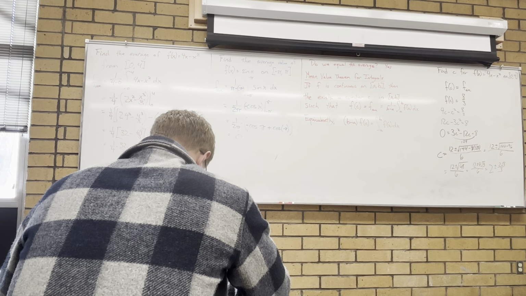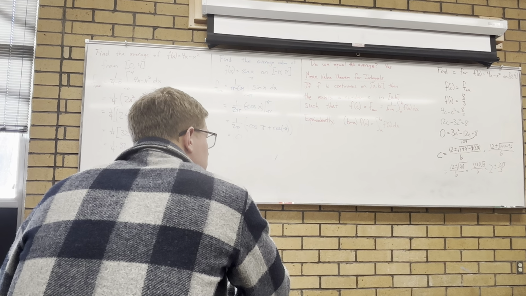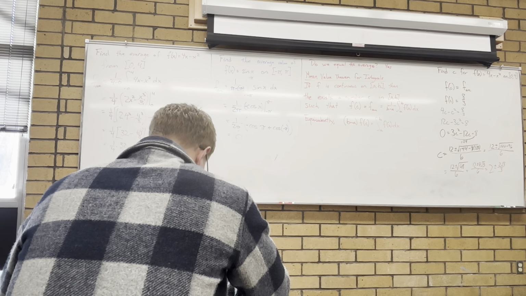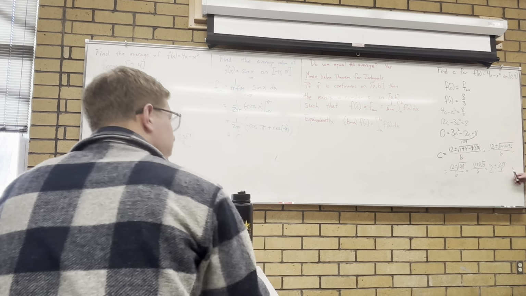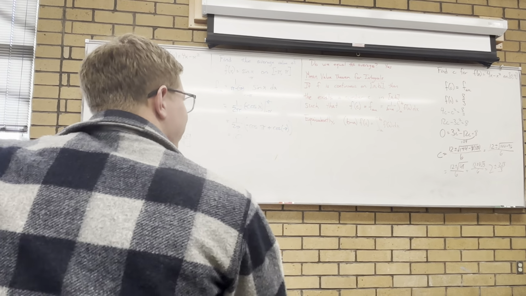The real question here, in order to be a value of C for this, is: are either of those solutions between 0 and 4? I'm pretty sure both of them are, but I'm guessing because I have to approximate here, right? I don't know the square root of 3 super well off the top of my head.